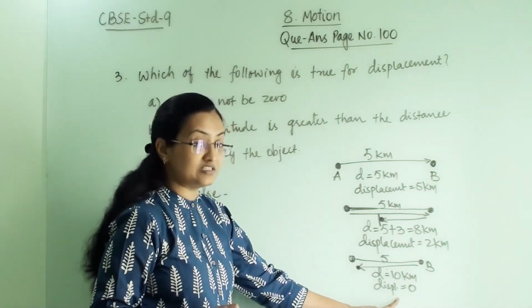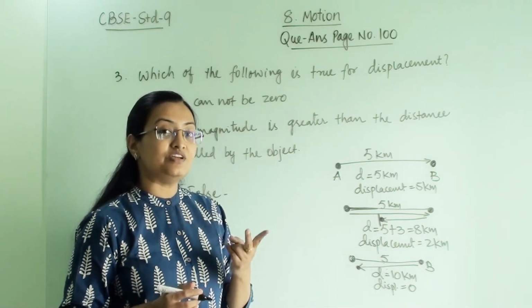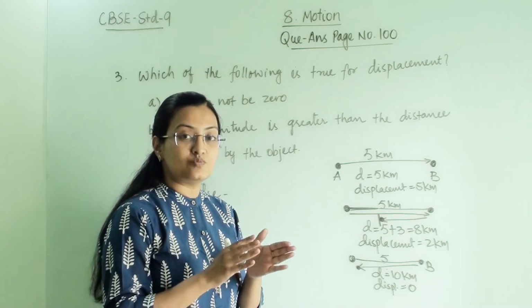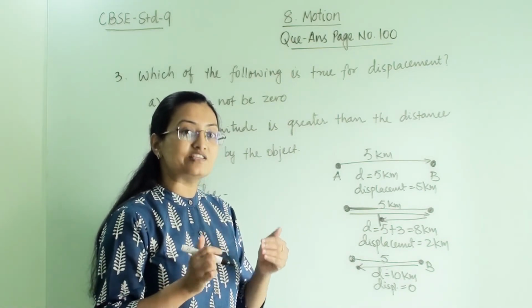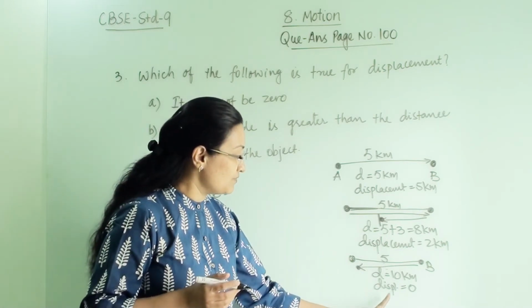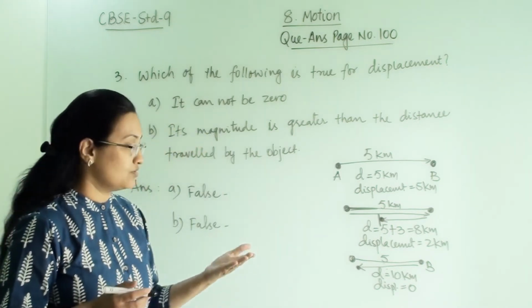So only these three possibilities are there when we are checking distance and displacement. Either distance and displacement can be the same, or displacement can be less than distance, and in the last situation displacement can be 0. But what about the displacement's magnitude?